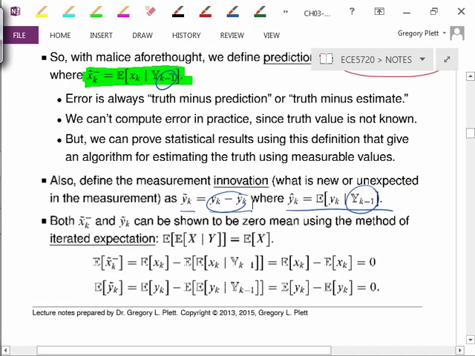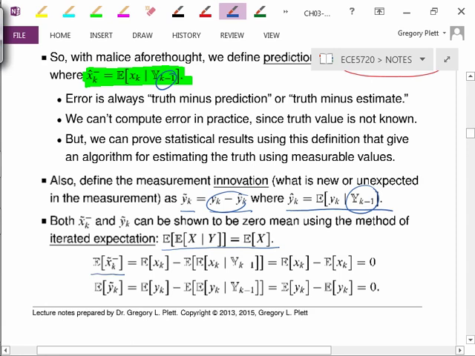X tilde minus and y tilde can be shown to be zero mean random variables. We use the method of iterated expectation, which I don't derive here, but it turns out that the expected value of the expected value of x given y is equal to the expected value of x. So I iterate twice to get the expected value of x back.